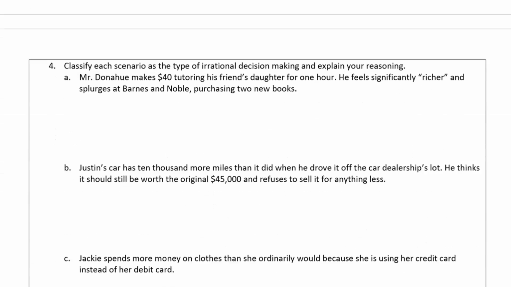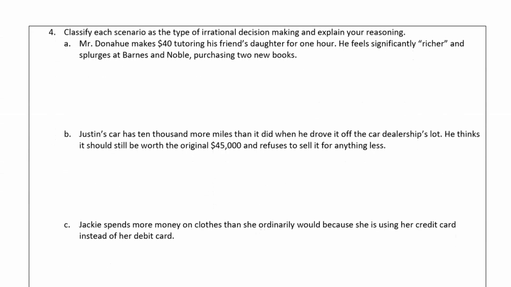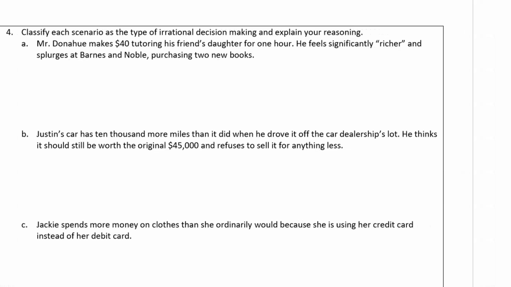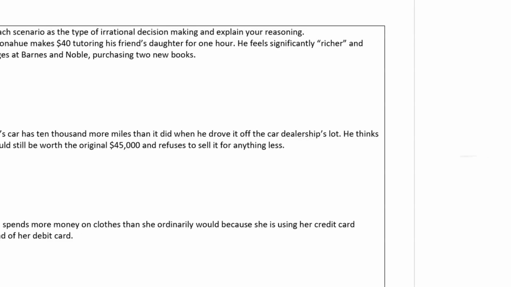And then lastly, we have our types of rational decision making. So this is how do people make decisions that aren't necessarily in their best interest, but do so predictably. So we have 5 options that I'm just going to list for you on the side here. We've got misperceptions about opportunity cost.